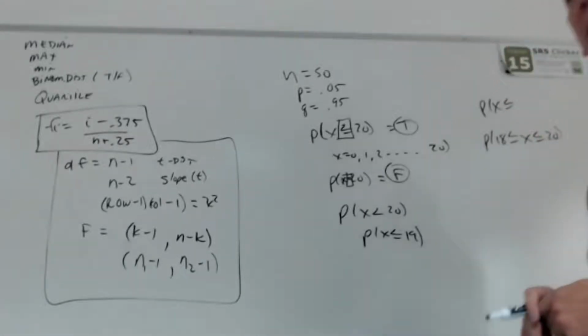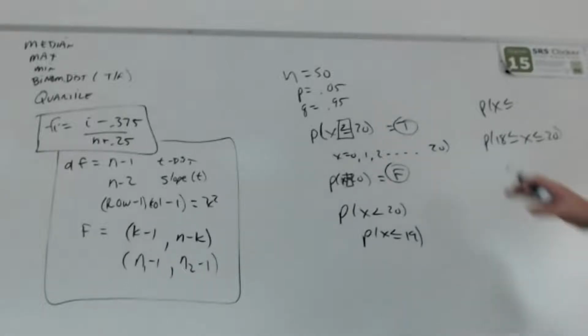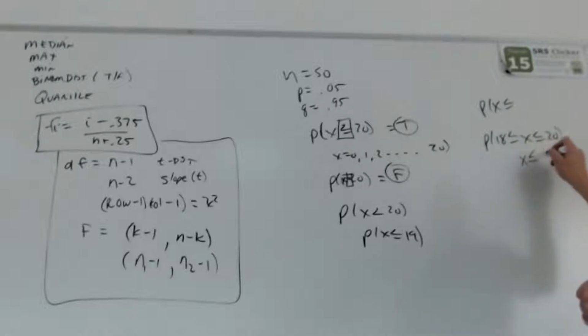Yeah, so would you just take the cumulative of both and subtract them from each other? So you could do the cumulative. I would do the probability that x is less than or equal to 20 minus the probability that x is less than or equal to 17. Awesome. Yes, it's equals to. Because now you could do it that way.